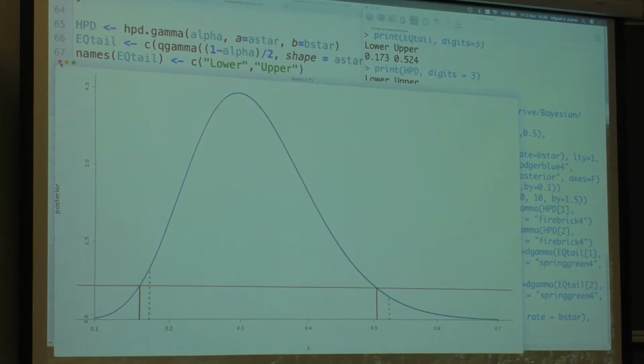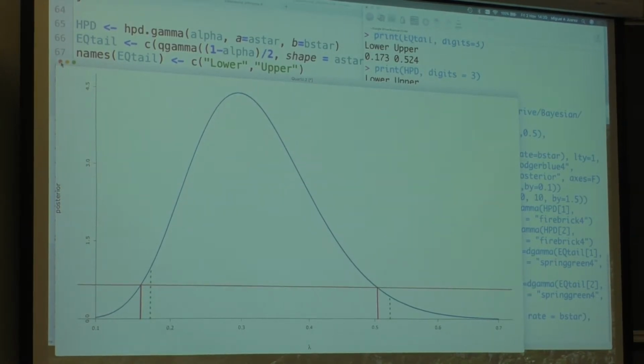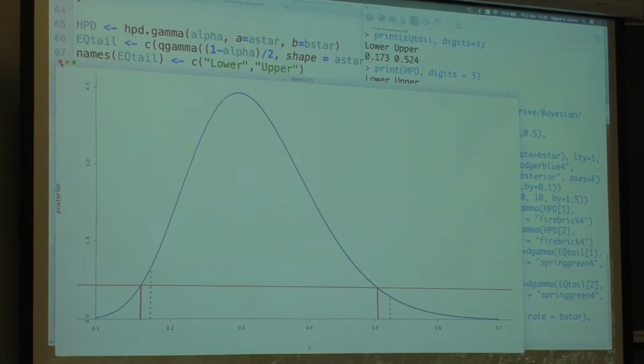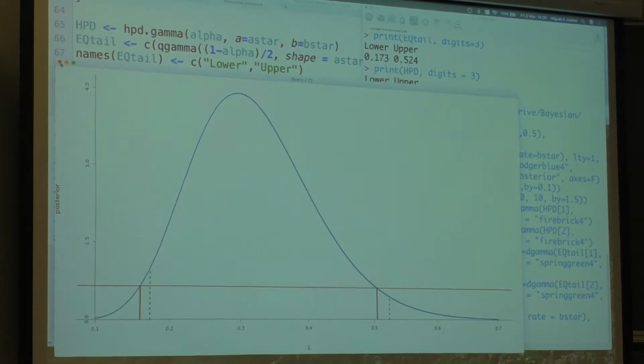She wants to know whether she needs to keep open the three outlets, the three machines, or she can close one. If this expected waiting time is smaller than, I believe, 3 minutes, probably. Okay, so what we need to do is actually make inference about 1 over lambda. Okay, so let's do that.